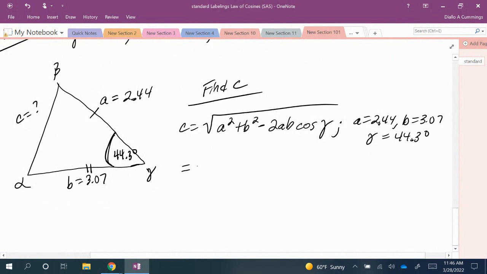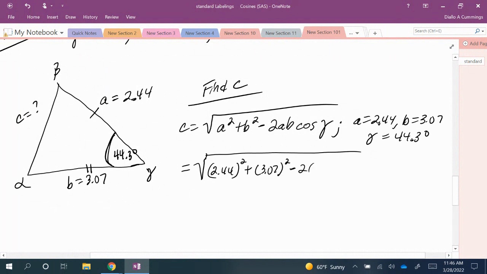So we have C equal to the square root of 2.44 squared plus 3.07 squared minus 2 times 2.44 times 3.07 times the cosine of 44.3 degrees.